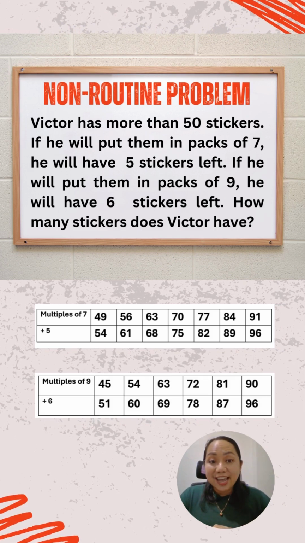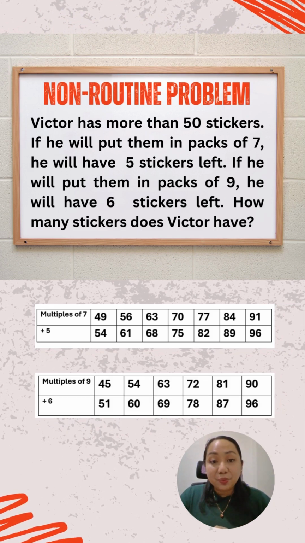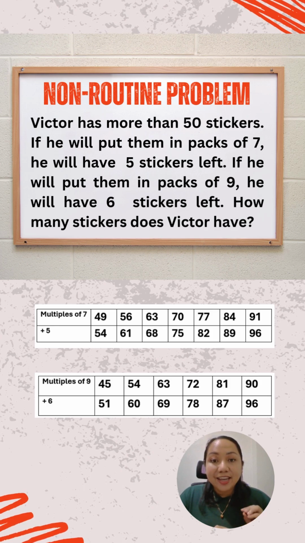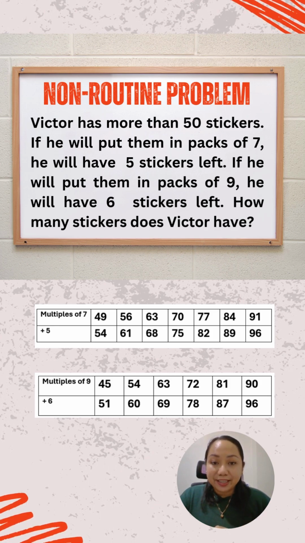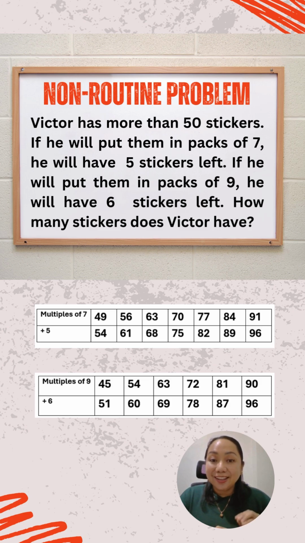But we're not done yet. It says there that if he will put them in packs of 9, he will have 6 stickers left. So that means we need another table. The next table will show multiples of 9 and what will happen if we add 6 to them. So, for the multiples of 9, we can write 45, 54, 63, 72, 81, and 90.